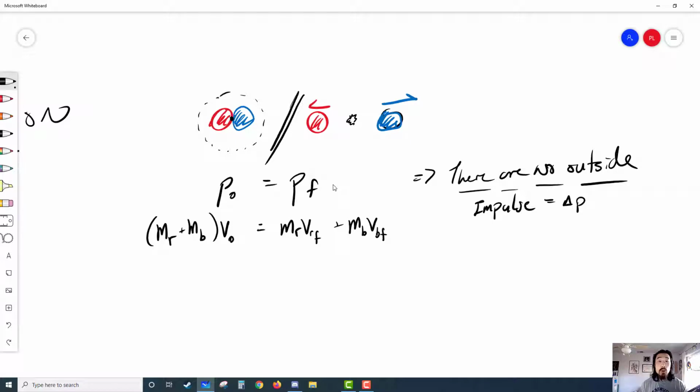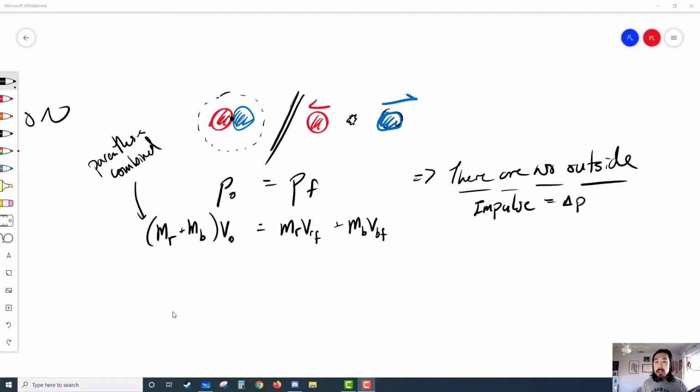The way we can look at it is that the parentheses tell us there is a combined set of objects. The parentheses show us that it's combined, and it is just one solid object, and the velocity is the shared velocity.